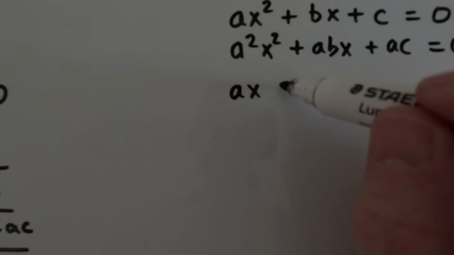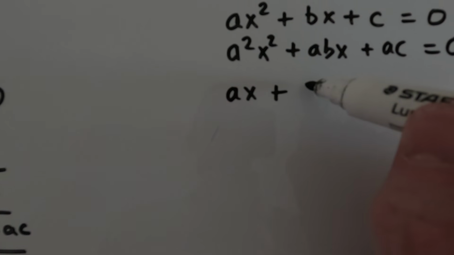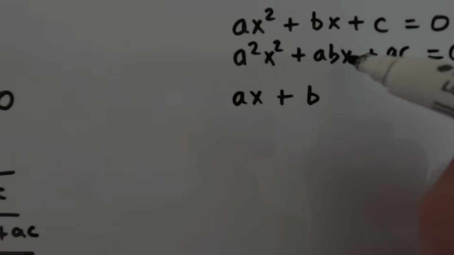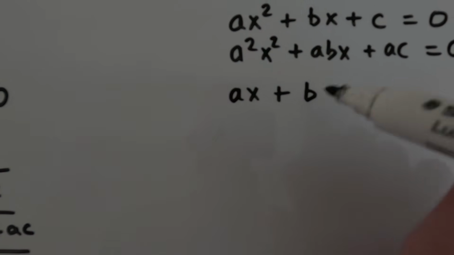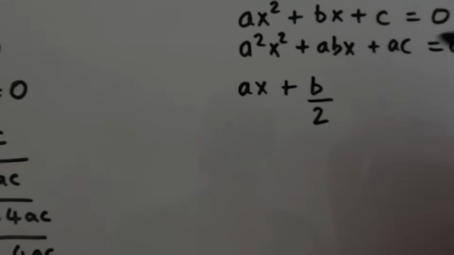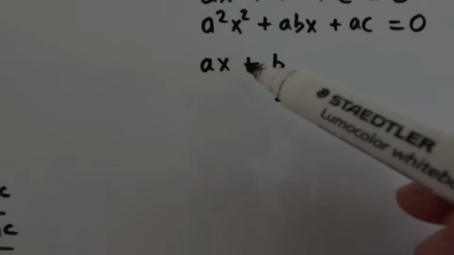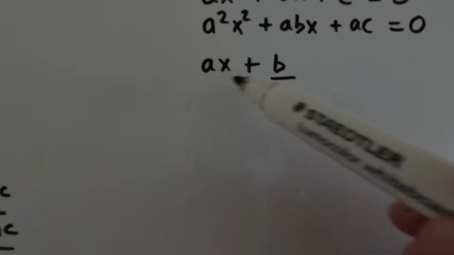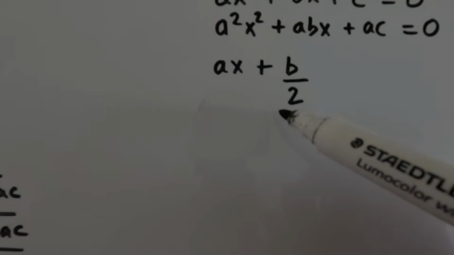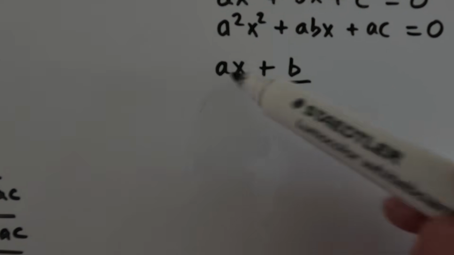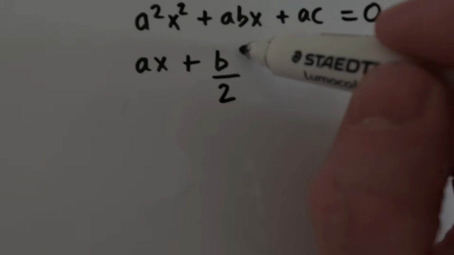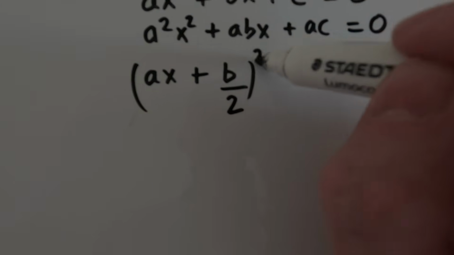So we're going to have a b, so 2axb, abx, 2abx, but then obviously we need to divide by 2, okay, because 2 times b over 2 is b, times ax is abx. And now we can square that.